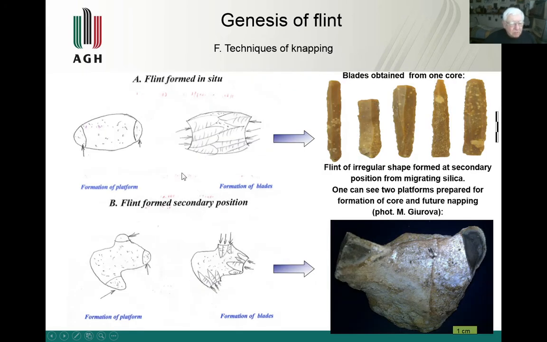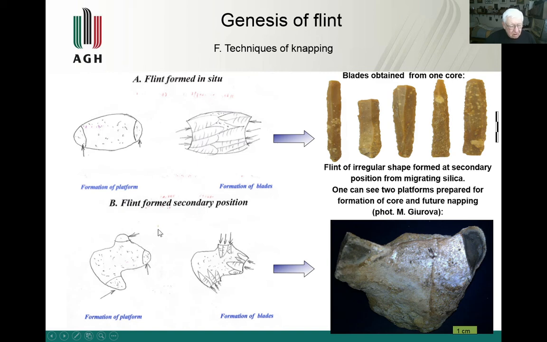And there is the example of formation of a core using nodular flint. At first the surface for knapping is prepared, and later blades are produced from both sides according to the internal parallel structure, the parallel orientation of small crystals of chalcedony.